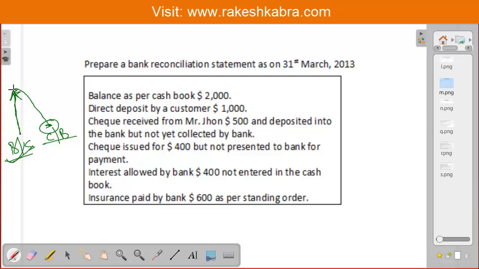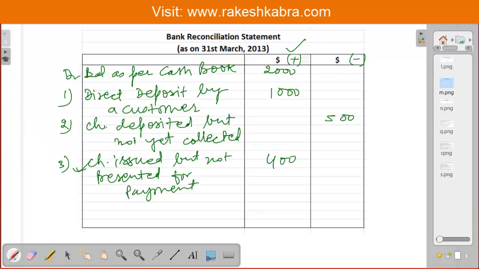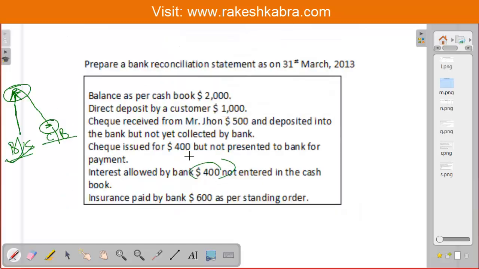I have to move upward. Upward side means add. So I will write here: interest allowed by bank. What is the amount? 400. The amount of interest is 400. Okay.